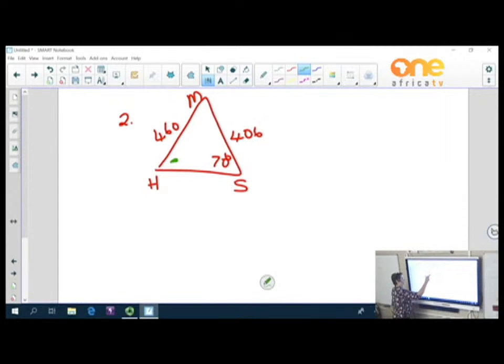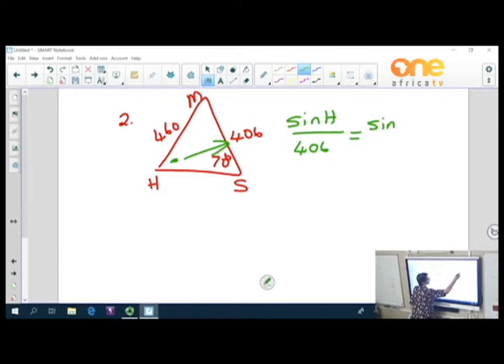Do I have opposite sides and opposite angles? Yes. So I can say that sine H over 406, the opposite one there, is equal to sine 70 over 460, this one is opposite.